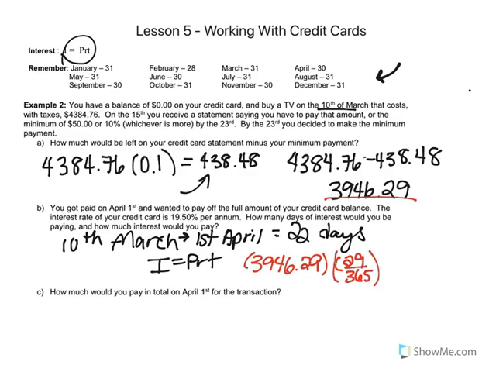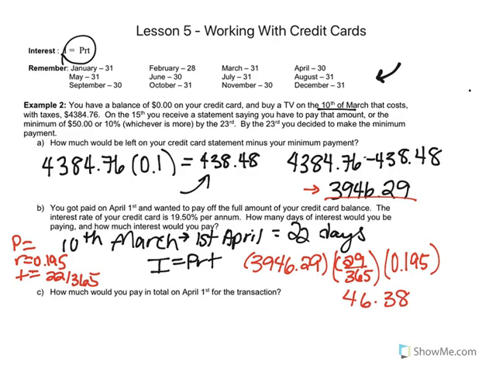And then our rate is 19.5%, so 0.195. So let's write all of those out. P is this balance, R is 0.195, and our term is 22 days out of 365 days. And you should get 46.38.